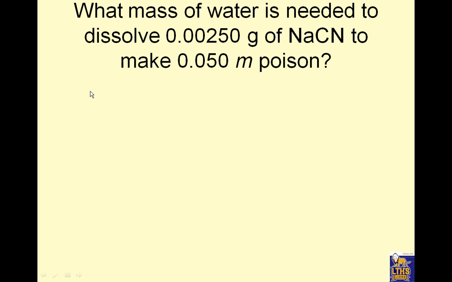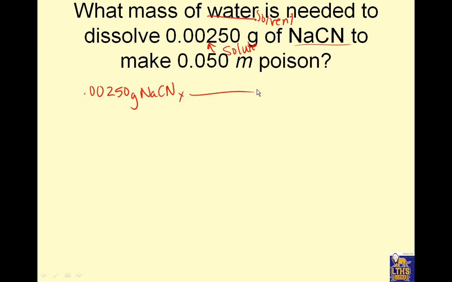All right, so what mass of water is needed to dissolve 0.00250 grams of NaCN to make 0.050 molal poison? All right, because this will kill you, NaCN. So we want to know how much water. So we want to know how much solvent is needed. This must be the solute here, and that has to be in moles. So 0.00250 grams of NaCN times, let's see, how much is NaCN?